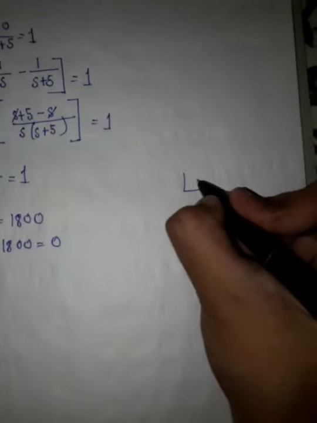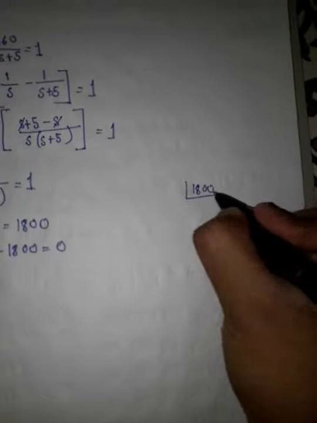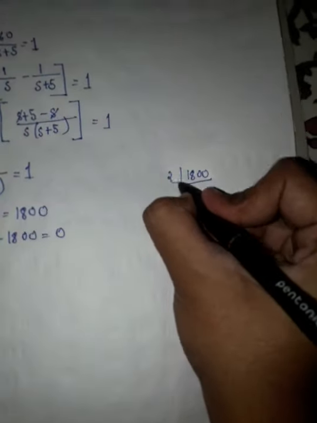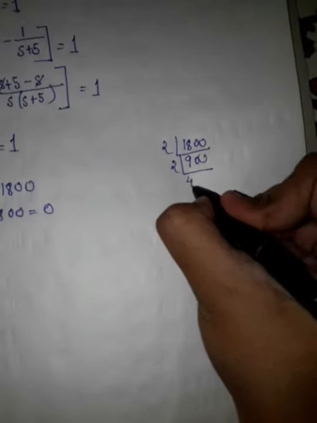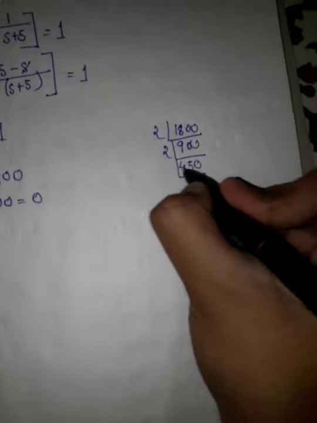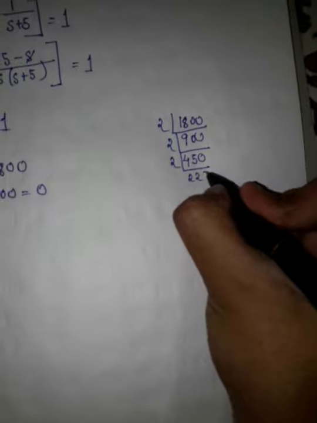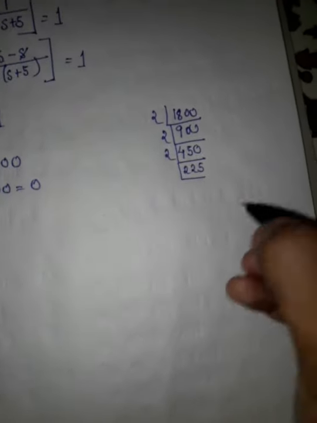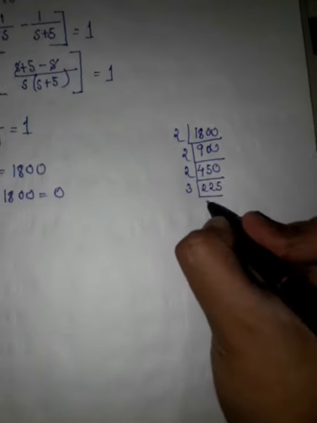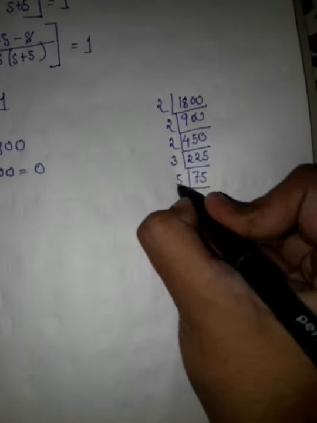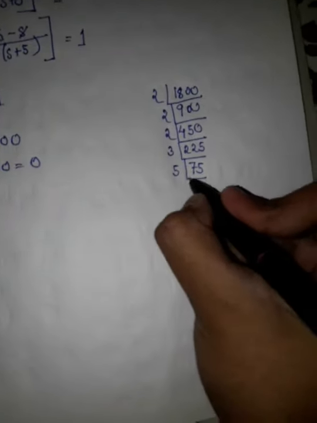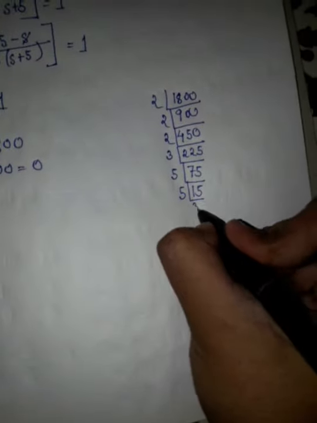So 1800, if we divide: 900, 450, 225, we divided by 3, 75, 15 and 3.